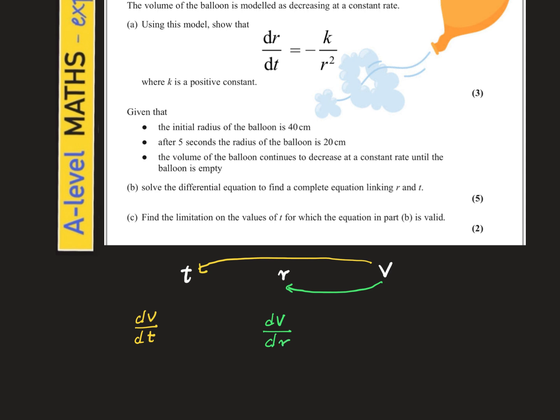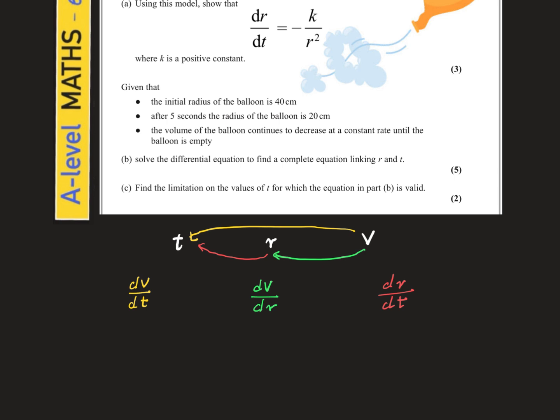Now, lastly, we could say that the radius is related to the time, and we could say that the change in radius is related to the change in time. Now, dr on dt is already given to us, and we're told that dr on dt, or the change in radius over the change in time, is negative k, which is a constant, over the radius squared. And we've got to show that k is a positive constant.